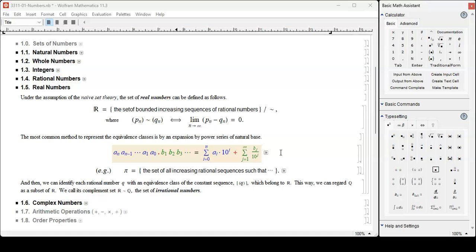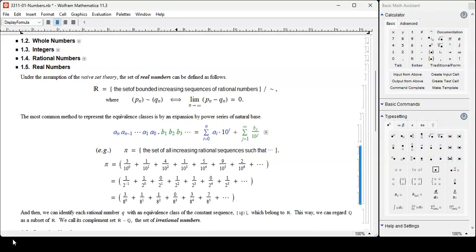This expression is a decimal expression, and if I take a different base, say 2, we have binary expansion. Take 3, ternary expansion, we have different expressions. Here's an example. The same irrational number pi can be written as 3.14159 and so on in decimal expansion.